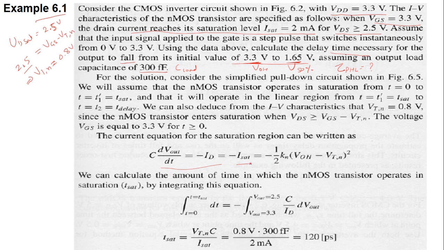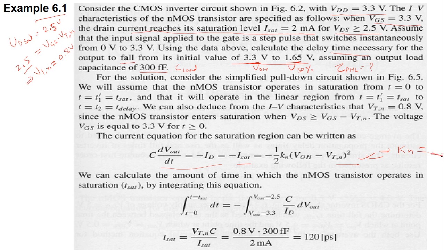When it was in saturation, this equation comes out like this. The saturation current is given as 2 milliampere. Look here, this will help us find the value of Kn.